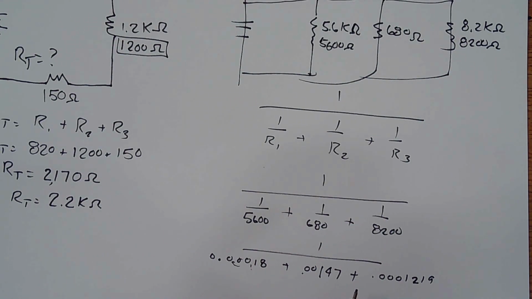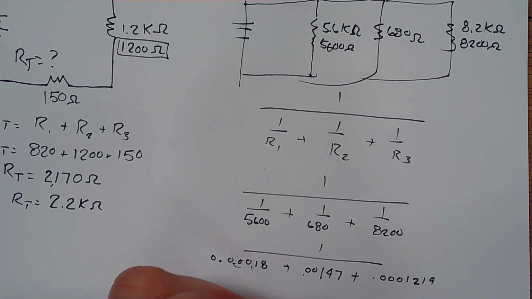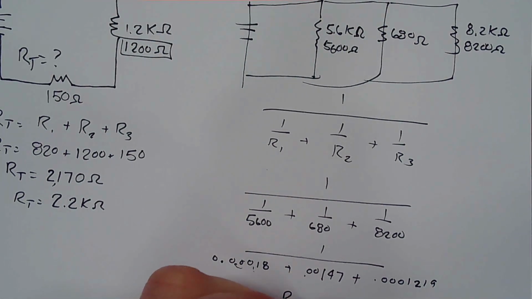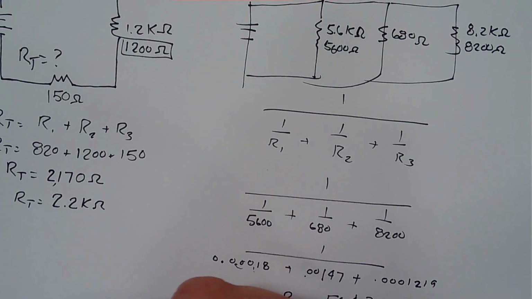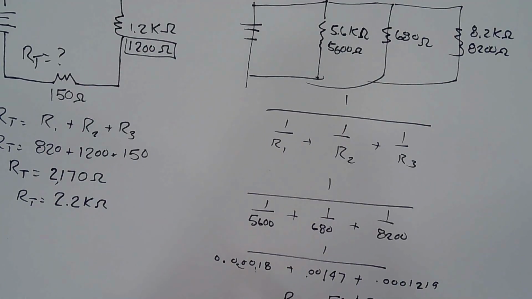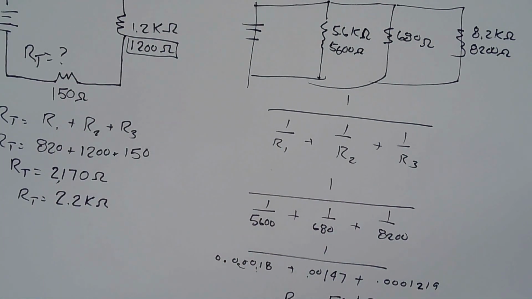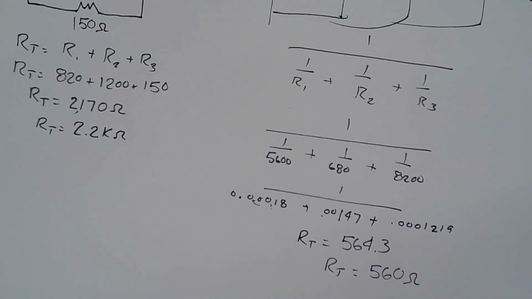Memory store, 1 divided by memory recall, and that gives me a total resistance equal to 564.3, which is probably a total resistance of 560 ohms, which you can now see.